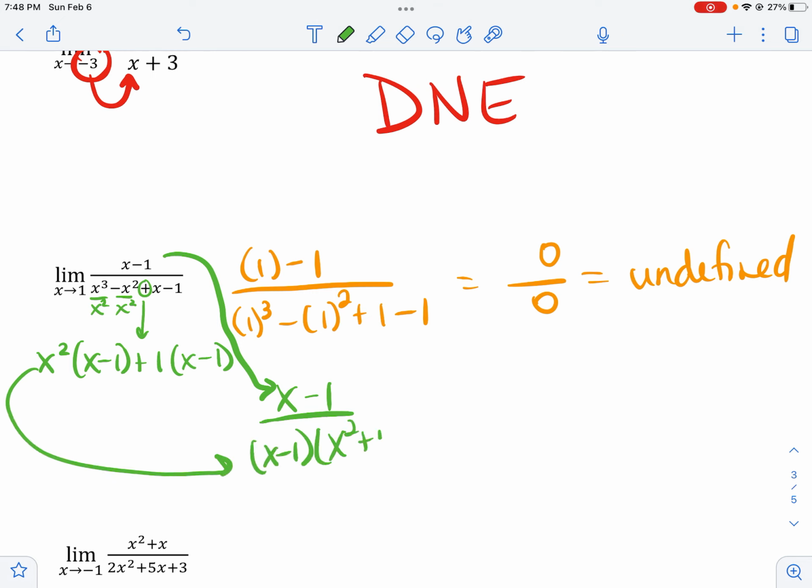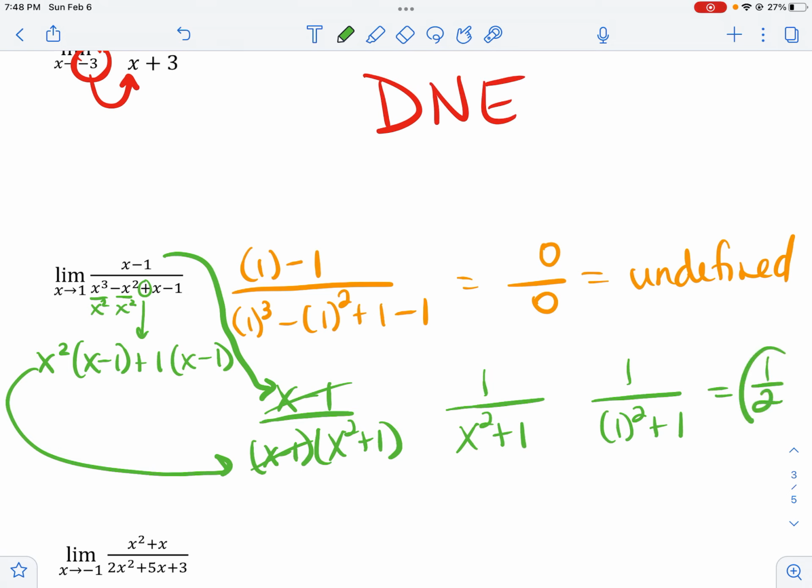I'm going to get x squared plus 1. So the x minus 1's factor out. I have 1 over x squared plus 1. So I get 1 over 1 squared plus 1, or 1 over 2, 1/2. So even though that 1 initially made it undefined, since I was able to simplify the function and get an answer that way, that gives us a limit.